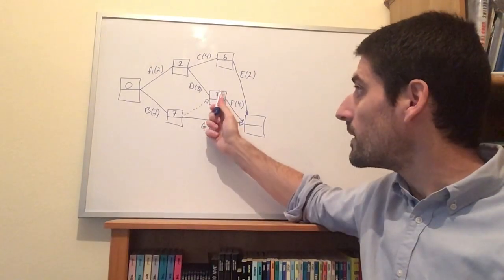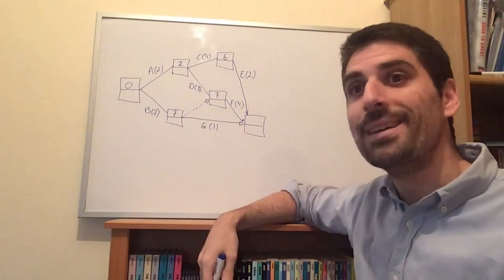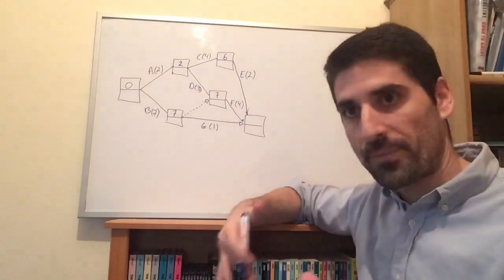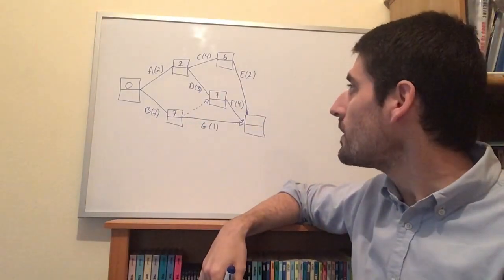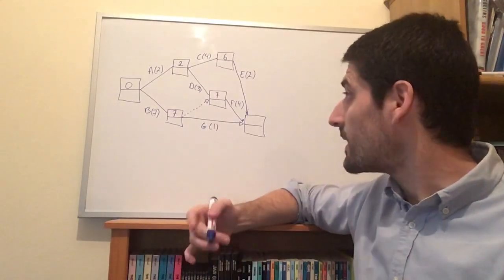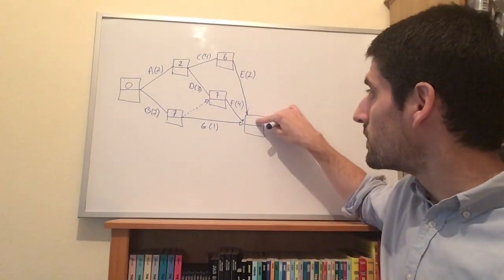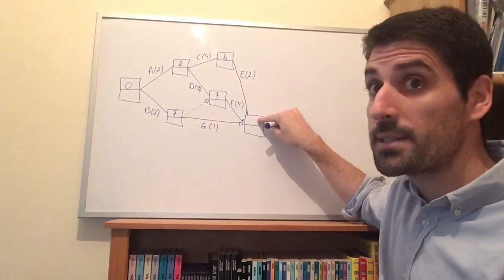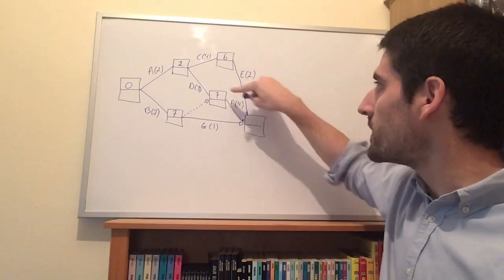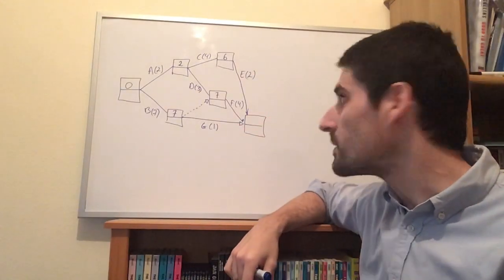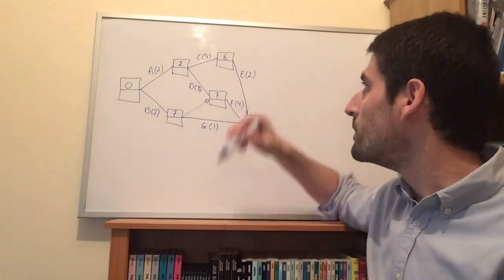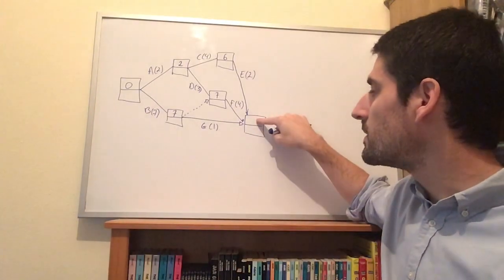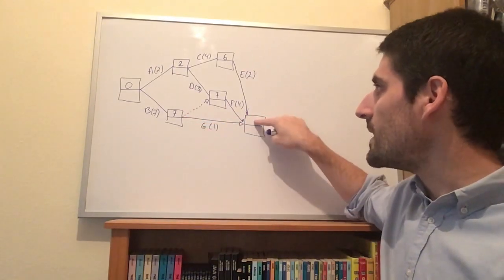So the early event times are always going to be the highest value of the path to get there, if that sort of makes sense. Now we can do this bit here. What's the highest number out of all the arrows pointing into the sync node? Activity E will take 2 hours plus the 6, that would be an 8. 7 and 1 would be an 8.